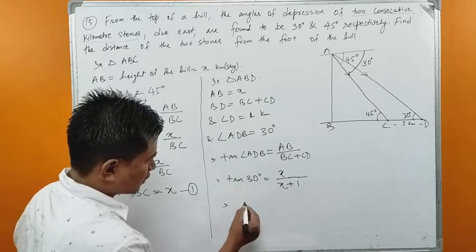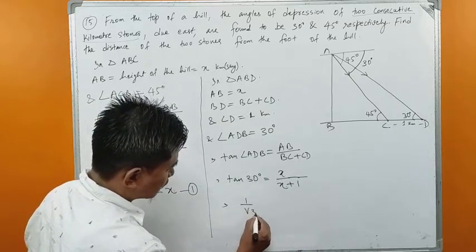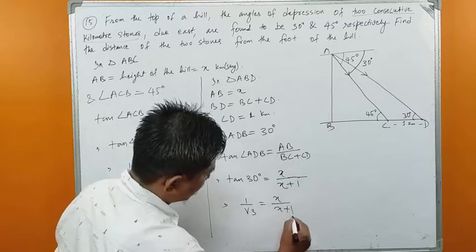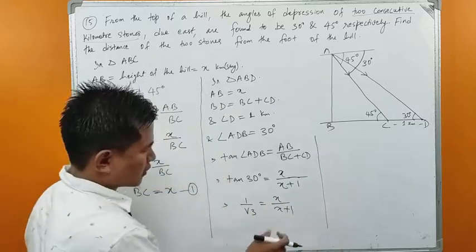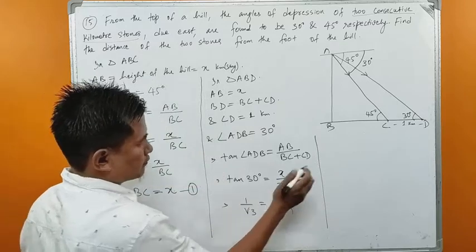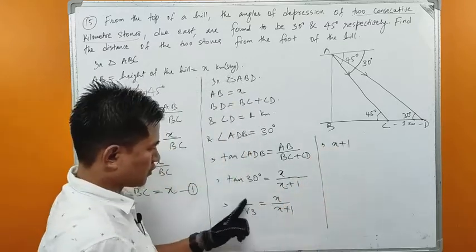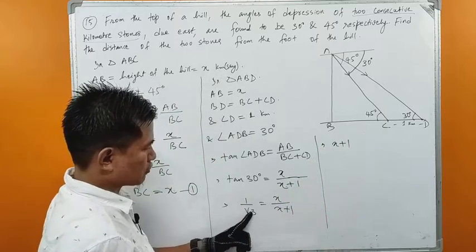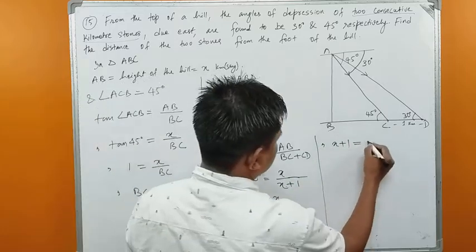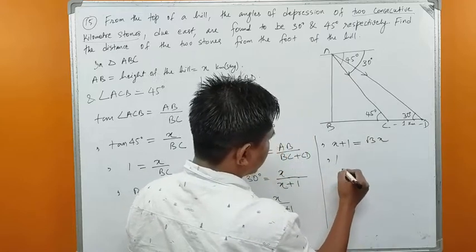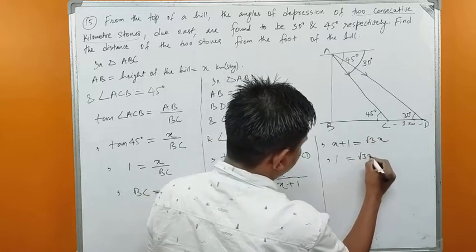So what is the value of tan 30? 1 upon root 3 equals x upon x plus 1. Now let us cross multiply. x plus 1 into 1 is x plus 1, and root 3 into x is root 3x. So we have x plus 1 equals root 3x.